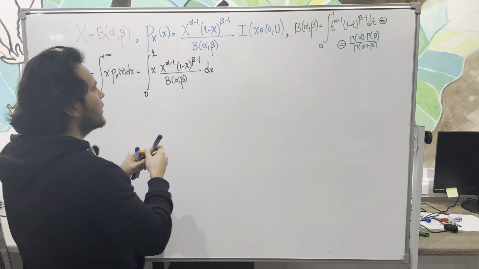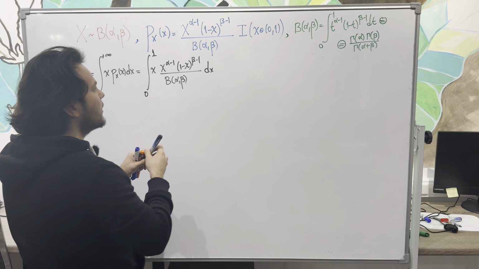So we have the gamma function of alpha plus beta divided by the gamma function of alpha times the gamma function of beta. And then I'm going to multiply this. So we'll have here the integral from 0 to 1. And here I will have again x to the power alpha plus 1. Let me write it in the following way: x to the power alpha plus 2 minus 1. So this is x to the power alpha plus 1, right?